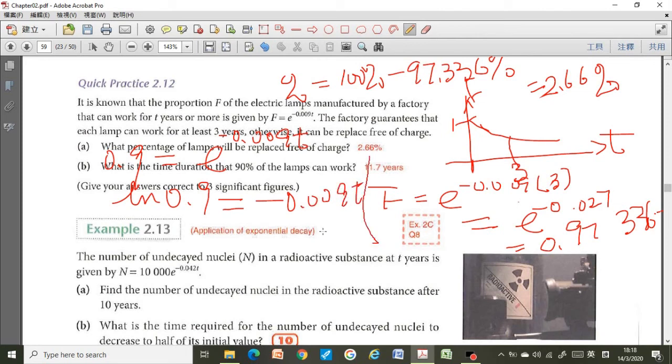You know why we have a negative: when you take a logarithm of a number less than 1, as you learned in the compulsory part, it will be a negative answer. So negative divided by negative, you will get a positive t. So t is equal to log 0.9 divided by negative 0.009. Don't forget the negative sign. So it is approximately equal to 11.7 years.